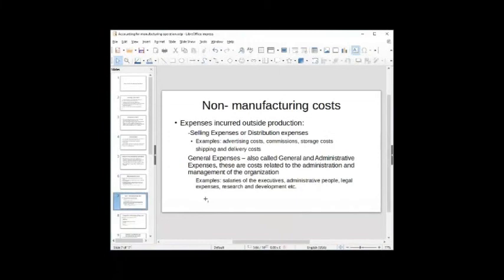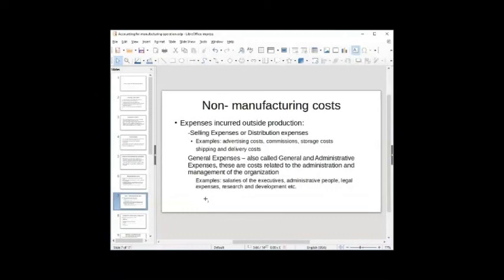If we have manufacturing costs, we also have non-manufacturing costs under a manufacturing type of business. These are the expenses incurred outside production. Like the selling expense or distribution expense. Examples are the advertising cost, the commissions, the storage cost, the shipping, and the delivery cost.